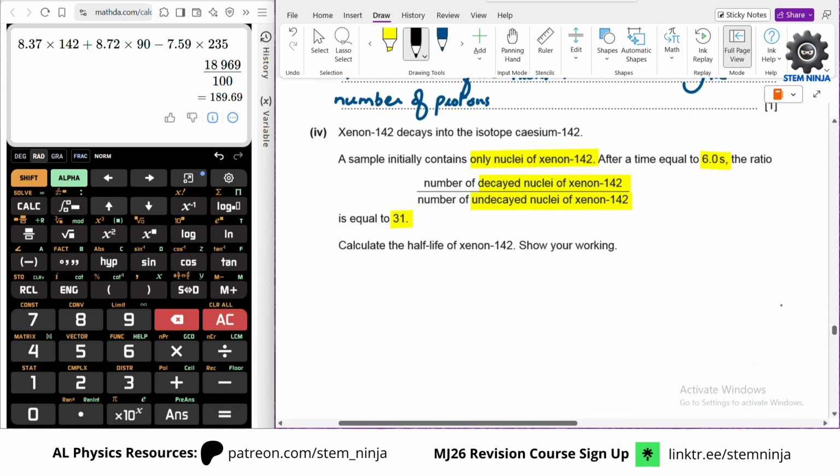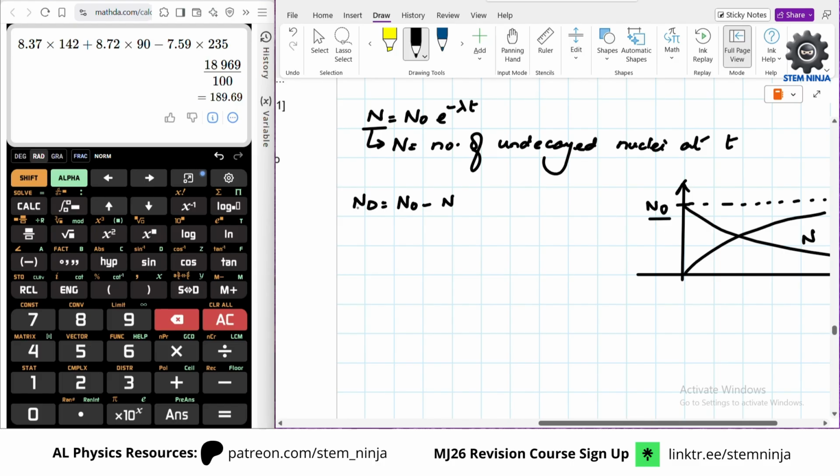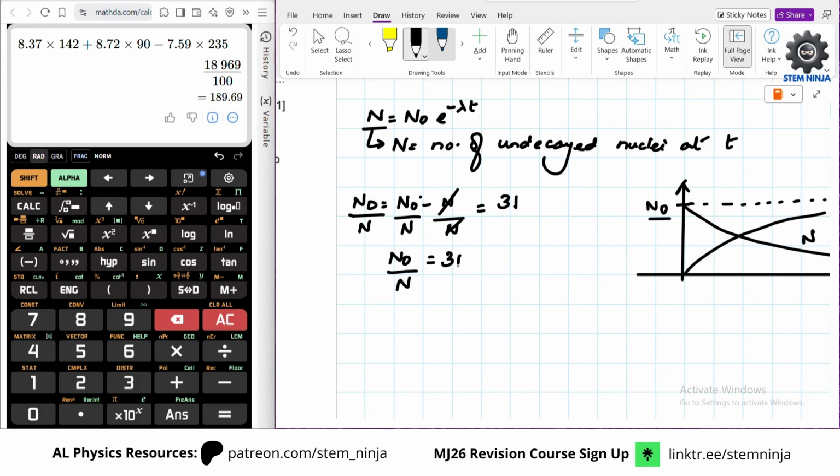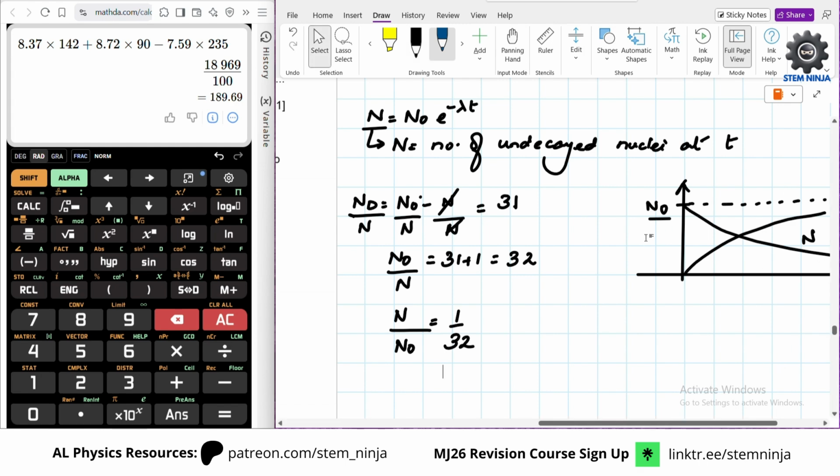Now in the ratio we are dividing this by the number of undecayed nuclei, so when we divide by N on both sides, this is equal to 31, N naught over N minus 1. The 1 goes to the other side to become 32. So the ratio of N over N naught is 1 over 32. Okay, so this is how we reconcile these two pieces of information.